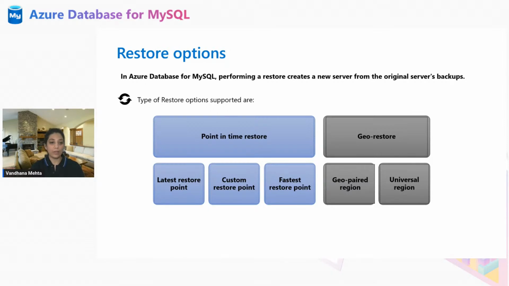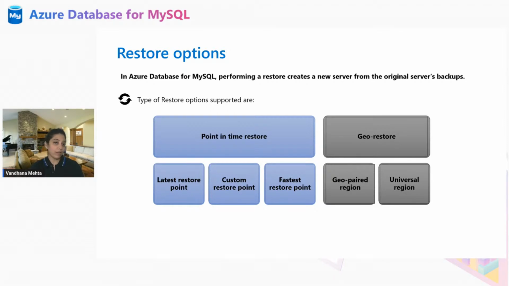The second category of restore option that we offer is geo-restore, which comes into play during regional outages. As I mentioned earlier, geo-restore makes use of the geo-redundant backups, which offer the highest level of resiliency, which means it copies your data stored in one Azure region to another secondary Azure region.